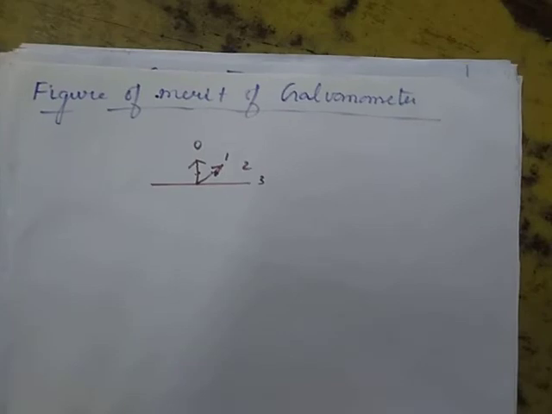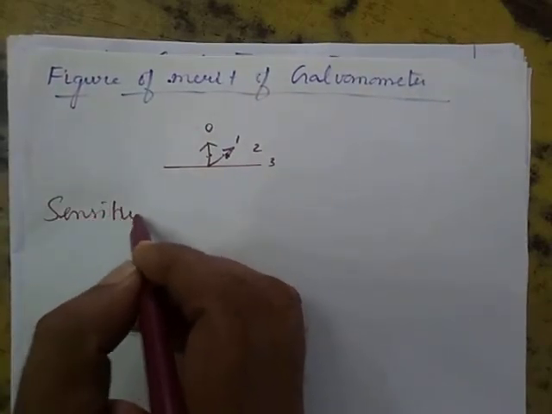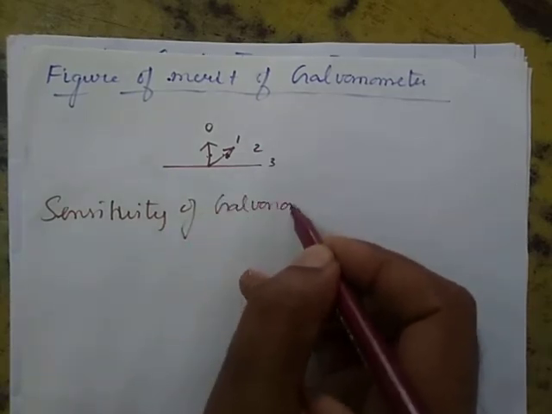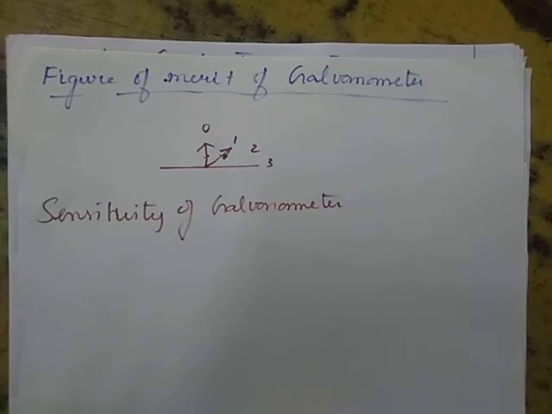Let me see the sensitivity of a galvanometer. A galvanometer is said to be sensitive if it can produce large deflection for small current or voltage.